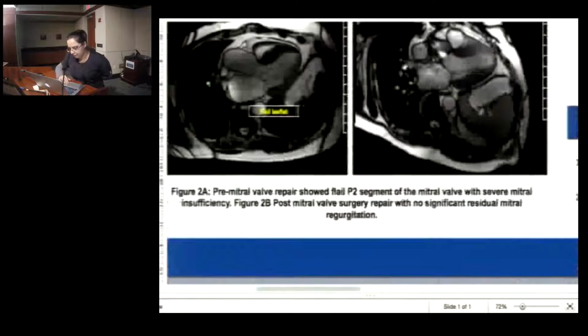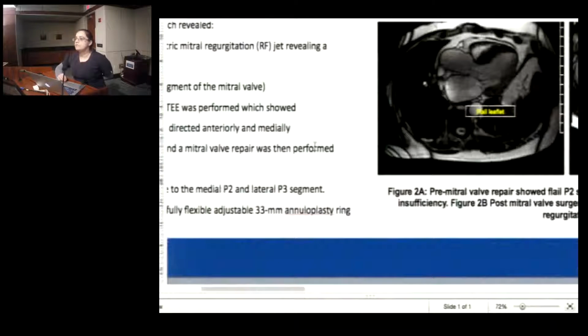Okay, so this is one thing that we get in trouble with. It's a dogma in echo evaluation. If you have type 1 diastolic dysfunction, which means a low E and a high A, you never, and it's a dogma, you never have severe MR. It has never been broken.